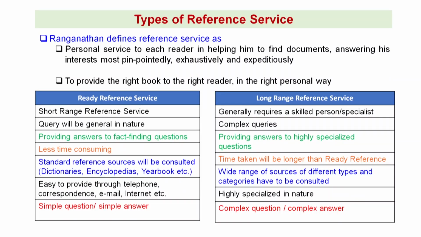You need to work more on that particular area, so the documents you refer to will also be wider. That means you have to refer to many resources in different formats and categories to get an answer to this query. Such queries can also be research oriented. Complex question, complex answer. So these are the two major categories of reference services.